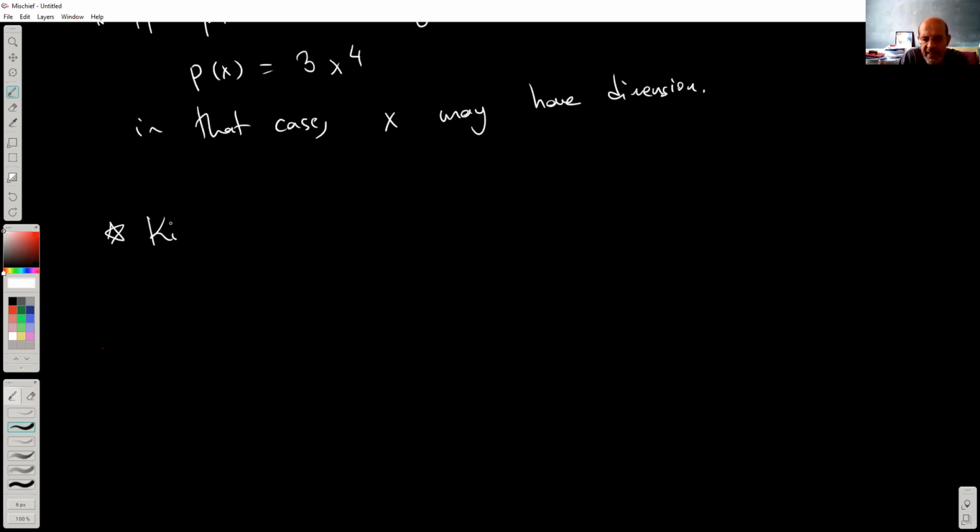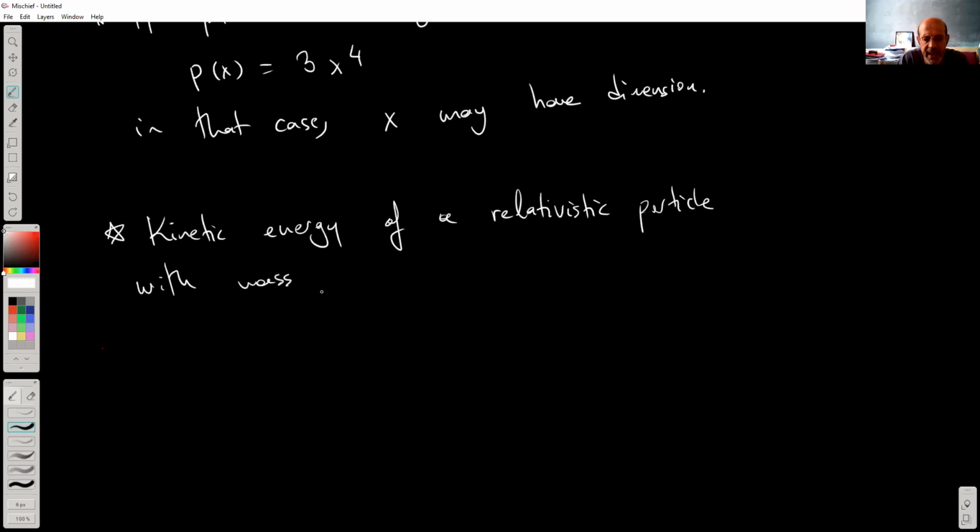That's the kinetic energy of a relativistic particle with mass m and speed v, right?